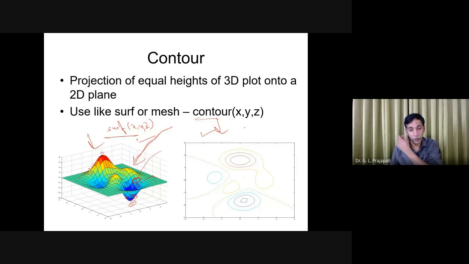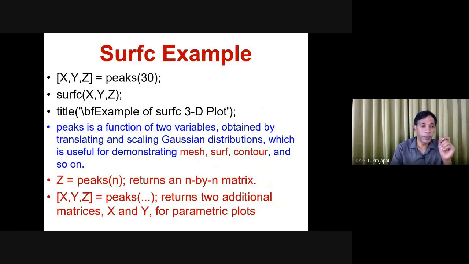If you combine them, we have the function surfc. And peaks is also used for creating x and y. In addition to x and y, peaks is also going to create the z value, so you don't need to create z separately.